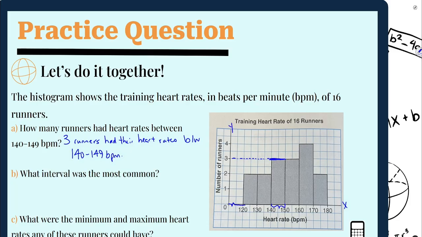The next part of this question says, what interval was the most common? So what it's asking is, we want to see the largest number of runners and then find which interval they were at. So here, if we look, we were looking for our tallest bar, which is 4.